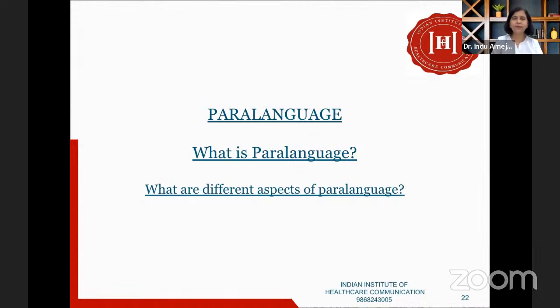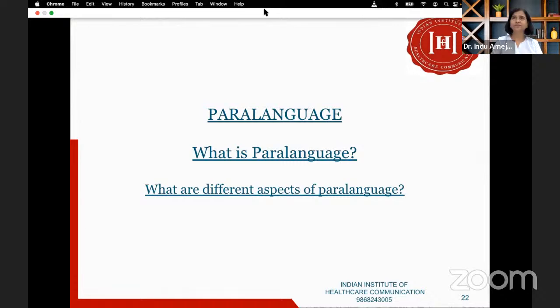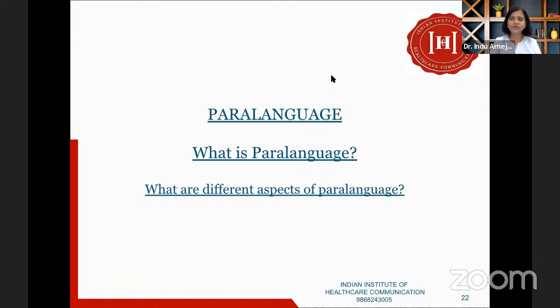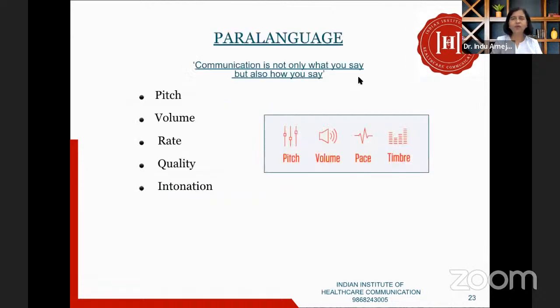What do we mean by paralanguage? Language is words. Paralanguage is how you deliver these words. So paralanguage is all about your pitch, volume, rate, quality, intonation.